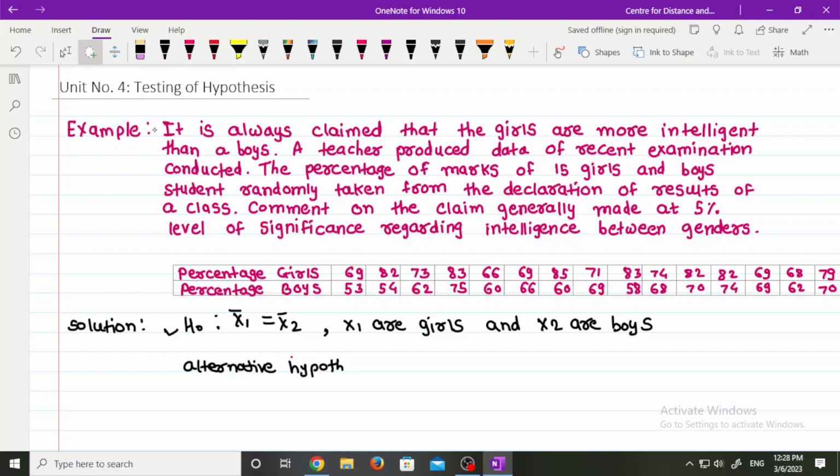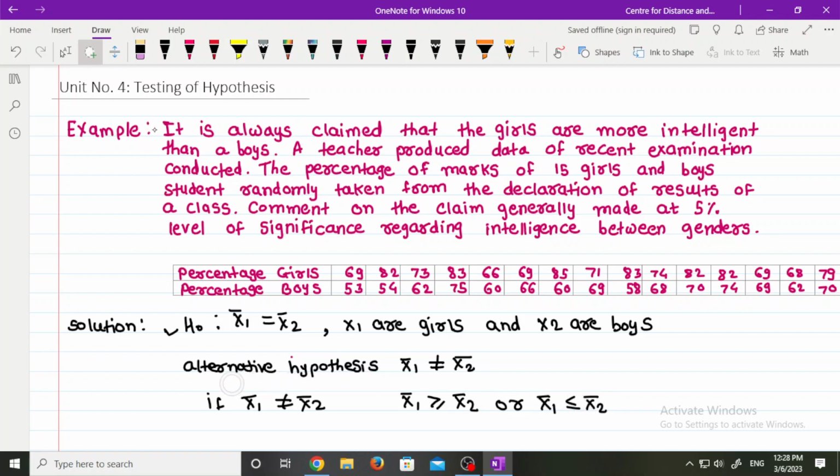becomes x1 bar is not equal to x2 bar. If x1 bar is not equal to x2 bar, then it becomes either x1 bar is greater than x2 bar, or x1 bar is less than x2 bar.